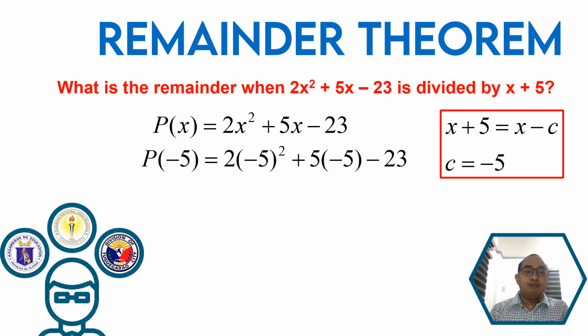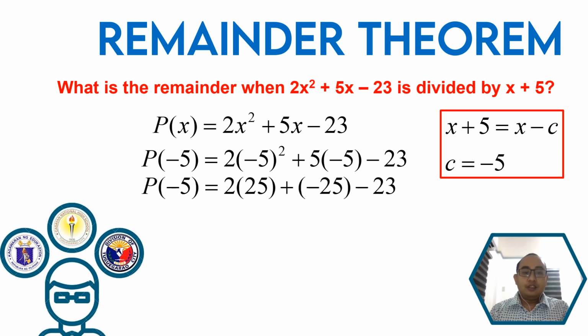So we have p of negative 5 is equal to 2 times negative 5 squared plus 5 times negative 5 minus 23. Simplifying this, we have 2 times 25 plus negative 25 minus 23.